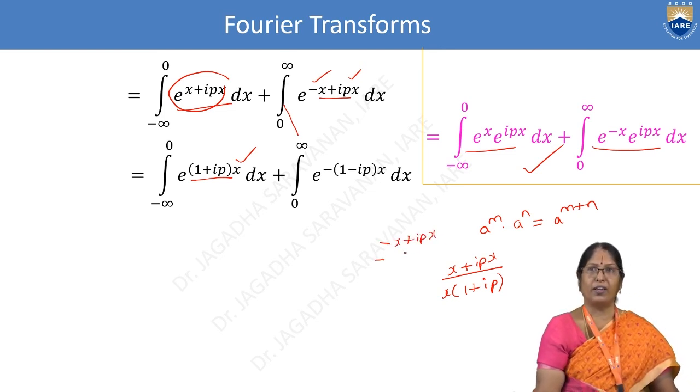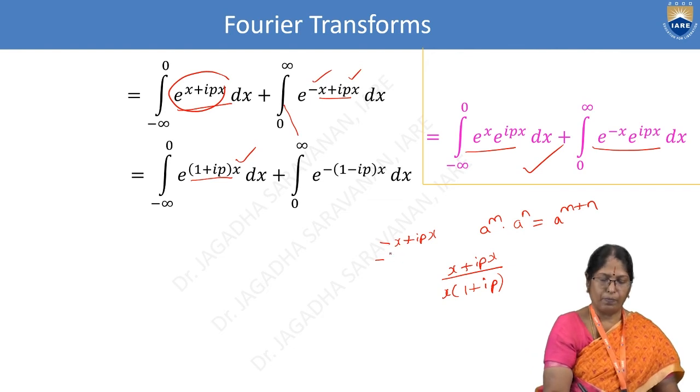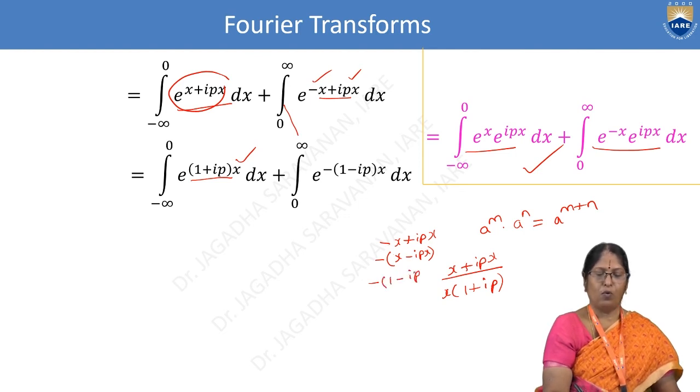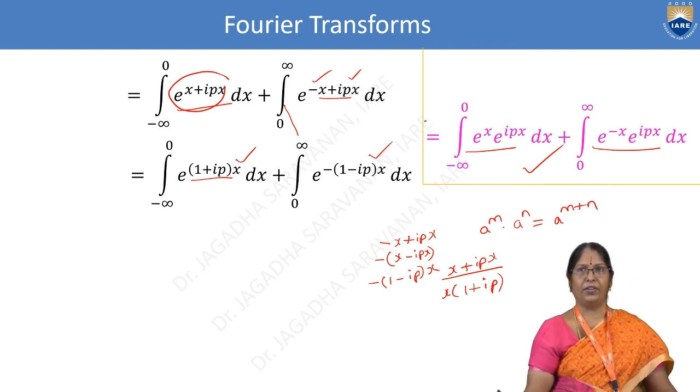Minus we have taken out: x minus ipx. Next, x we are taking out: 1 minus ip of x. That's what is written here.